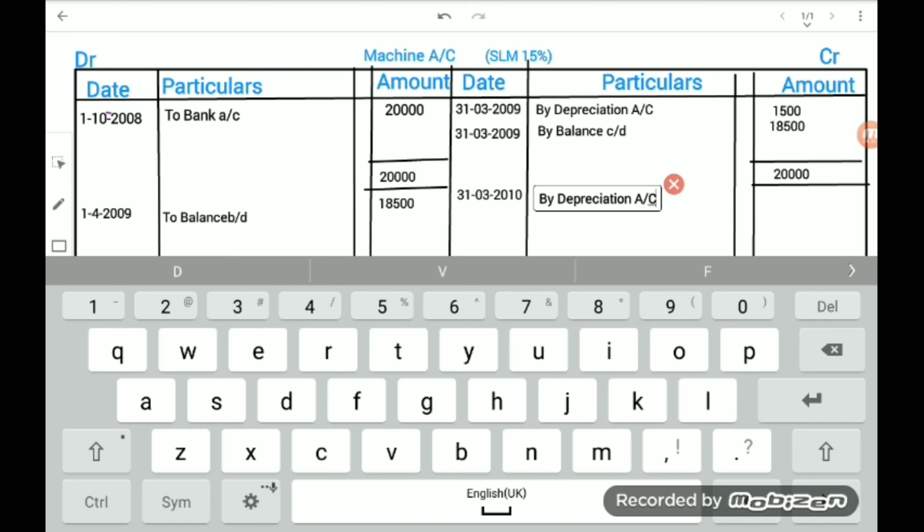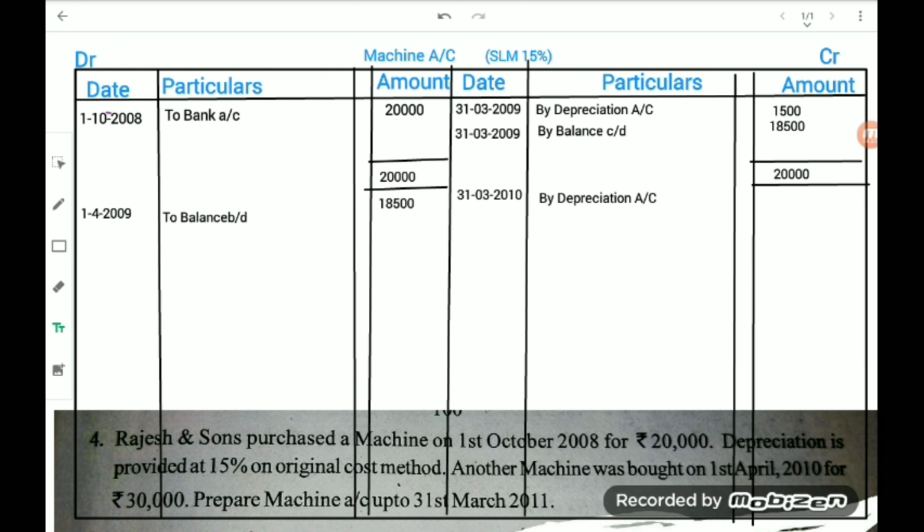By depreciation account. How much depreciation in the first year? We calculated the depreciation for 6 months. Now we will calculate it for the full year.